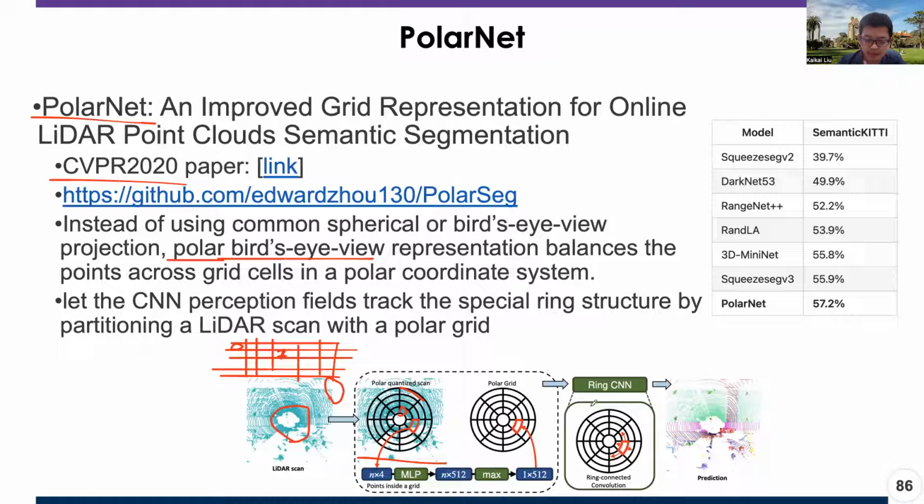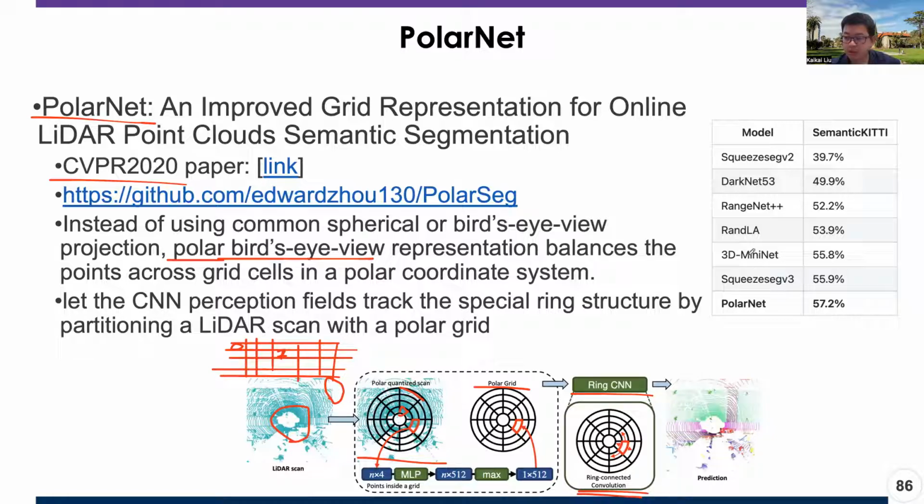The second thing is that since it's a polar representation, it's in a polar grid. A traditional CNN is not this kind of shape. A traditional CNN has a rectangular convolution filter and sliding window process. So the grid design is called a ring CNN, the convolution in this kind of ring-connected scale is called ring-based convolution.